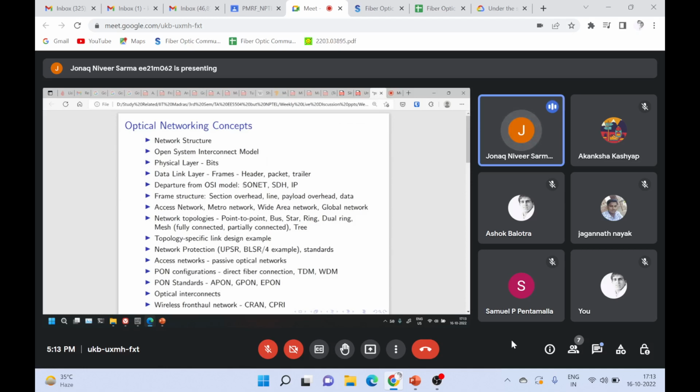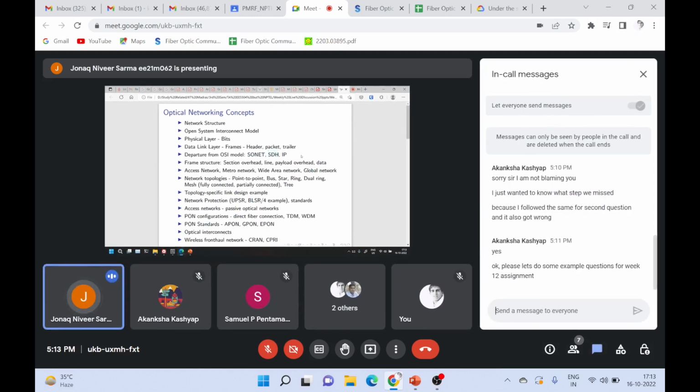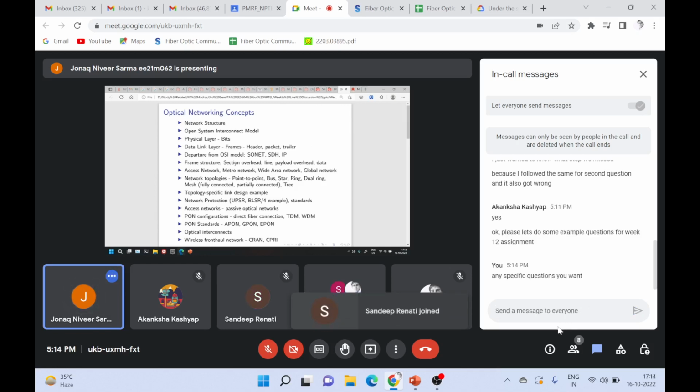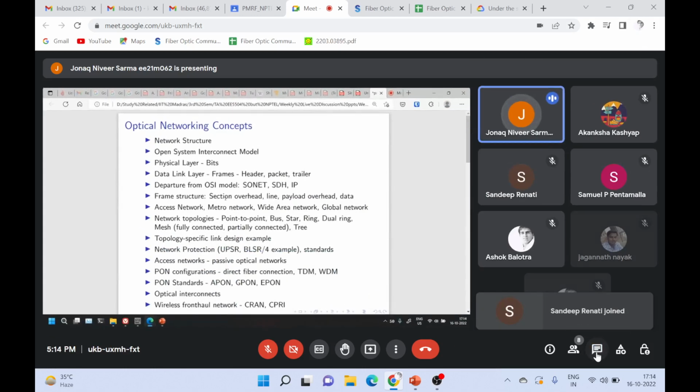Those were discussed in SONET for North America and SDH for us, Indian networks. Then we discussed briefly how the frame is structured and what the standards are called. We showed the diagram of how sections and lines are laid out, and what information we need to include on top of our data to make sure that our data goes to the correct place.